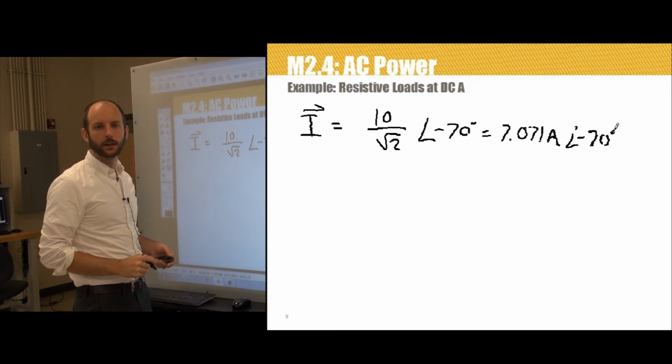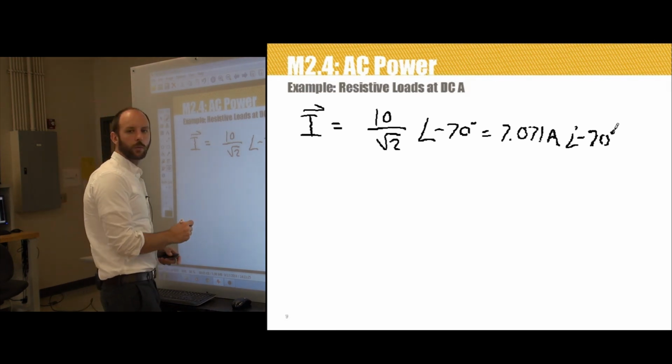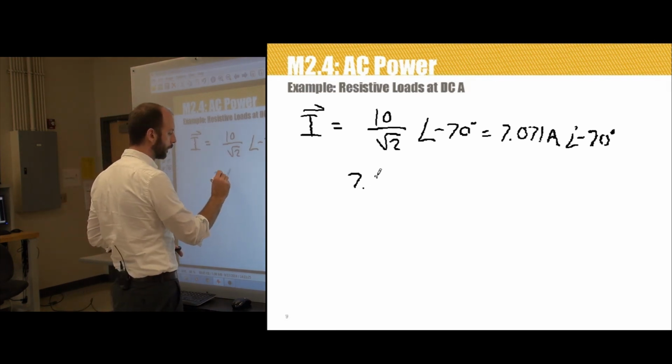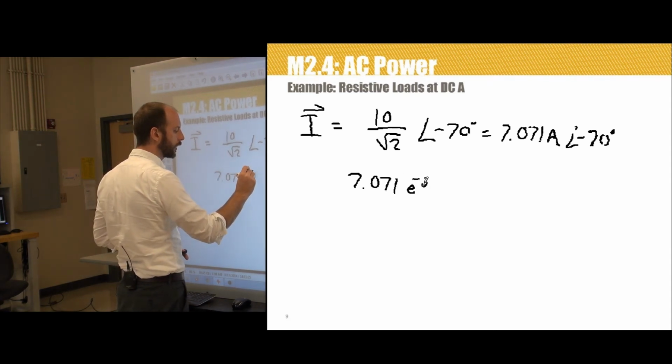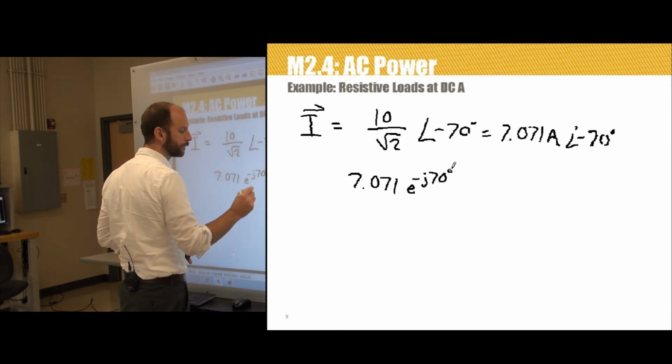If I were to write that in its exponential form, it's going to be 7.071 e to the minus j 70 degrees.